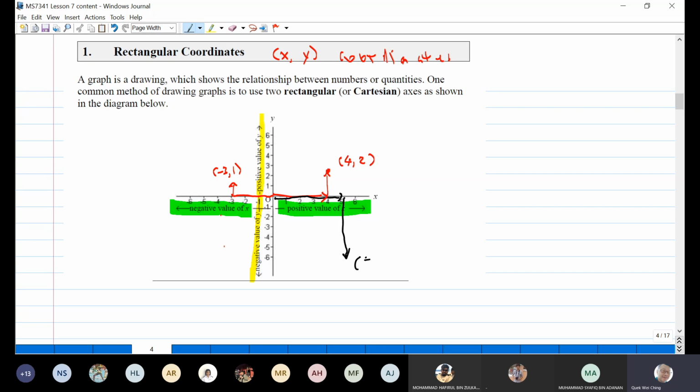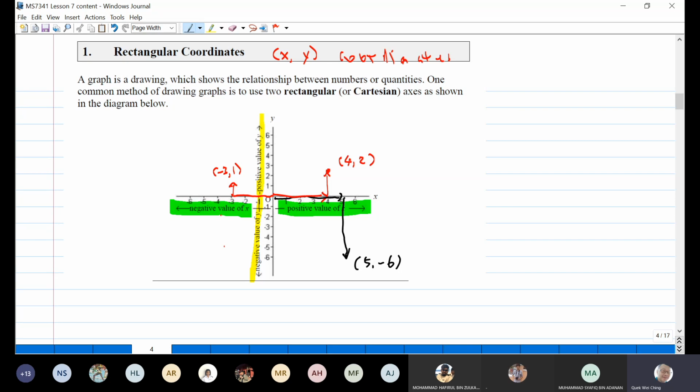So this is (5, -6). Right? So this tells you how to locate a point using this coordinate. This is called rectangular coordinate, also called Cartesian coordinate for the formal name. So this is how the graph paper normally looks like.